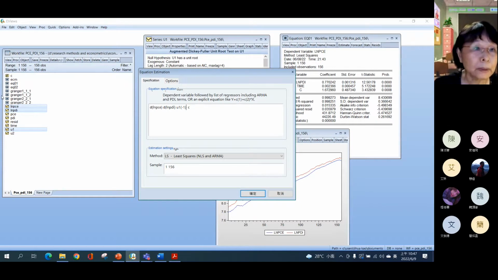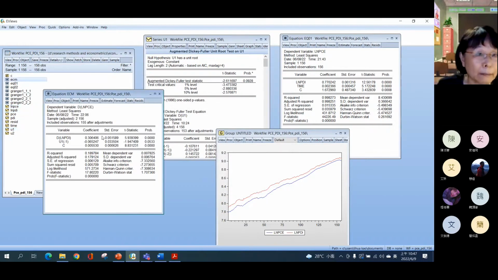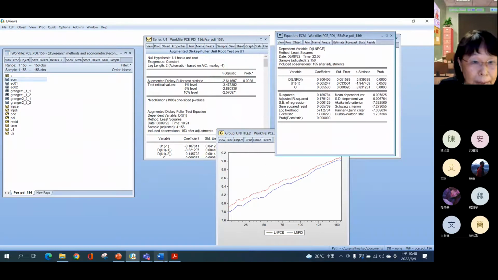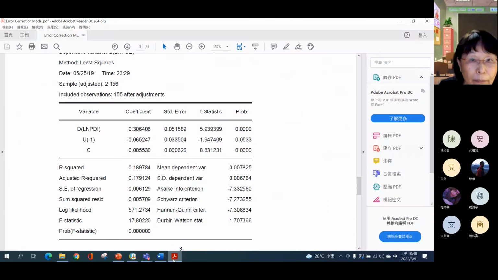All right. So after I do it, I hit OK, and I already have it done. Then I'll get this one. Sorry, I have done this one. So this is what I have. I have the difference for the Y, and I have the difference for the X, and also the first lag of residuals. Okay, so this is the result, and this result is exactly what we just showed to all of you.